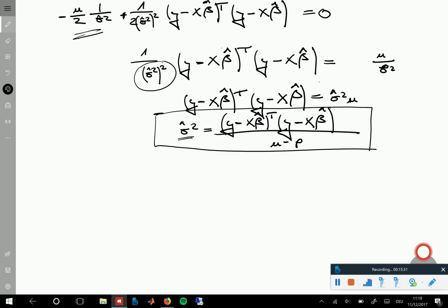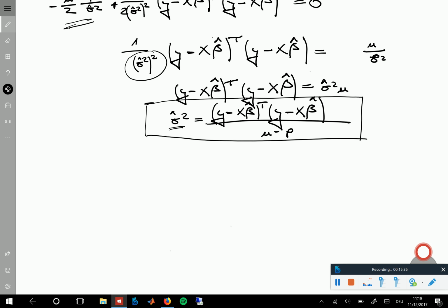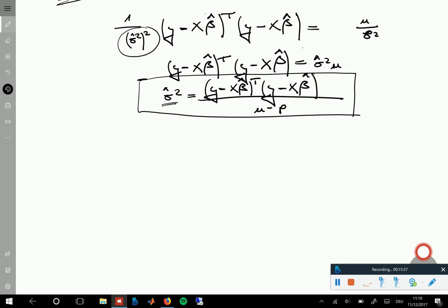Another thing that is interesting, or I find interesting here, is what you actually have in the numerator. I would hope that you see what is written up here.